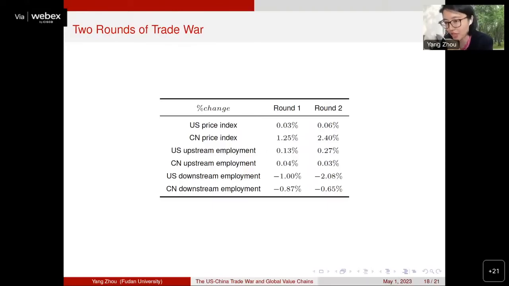But after several months, those two countries probably remove some of the goods from the targeting list or decrease the tariffs. So after the phase one deal, the tariff level is fluctuating around and does not deviate too much compared to the phase one deal's tariff level. So the majority of the tariff impact is concentrated in the two rounds. After that, the tariffs do not change too much.